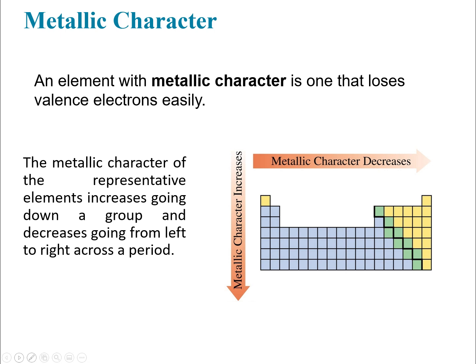The final trend that we're going to cover is metallic character. An element with metallic character is one that loses valence electrons easily. So it would make sense that as you go down, you're going to have an increase in metallic character, because the ionization energy decreases.